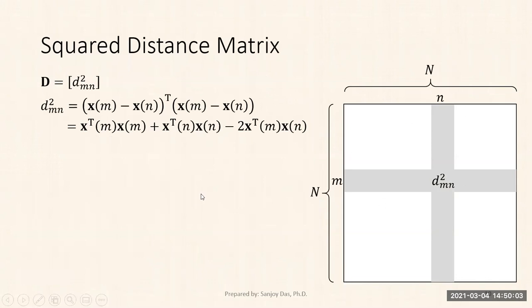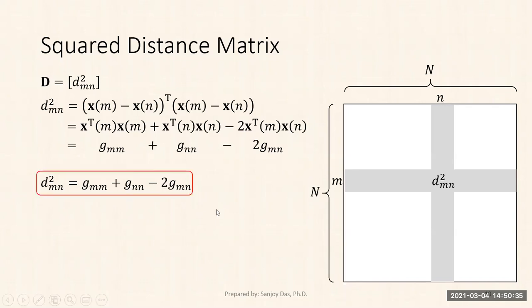Now this is the squared distance matrix, and this is G_MM plus G_NN from the Gram matrix, and this is minus 2 G_MN. You'll remember this: D_MN squared equals G_MM plus G_NN minus twice G_MN. Okay? So let's remember this.